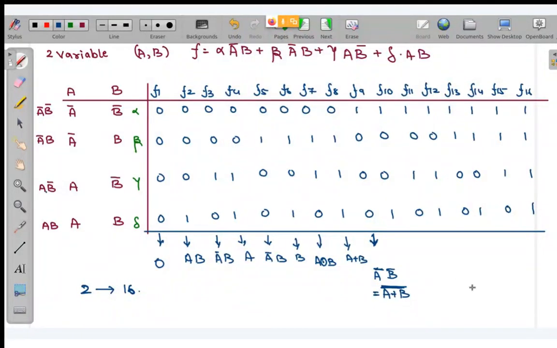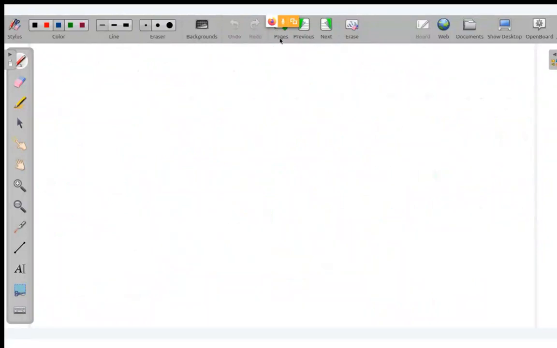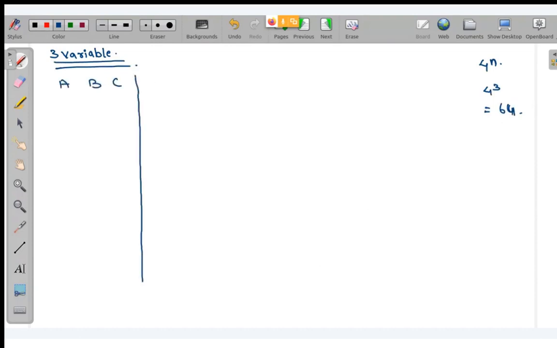Let me ask you, last, for 3 variables. You said 4 to the power n. So according to you, this should be 4 cubed, that is 64. But look over here, if you have 3 variables, that will be A, B, C. Here, how many combinations will you have?